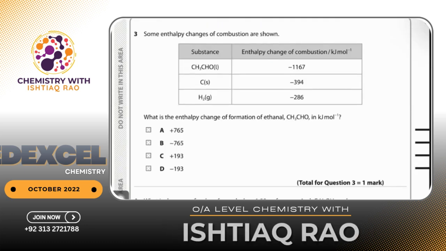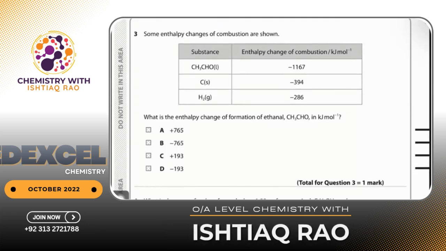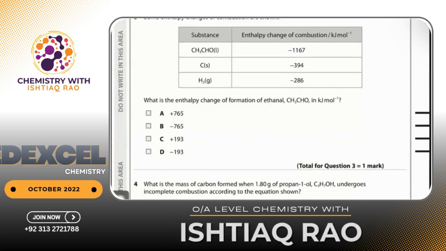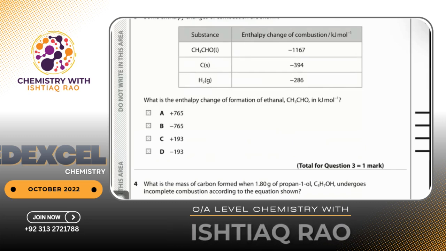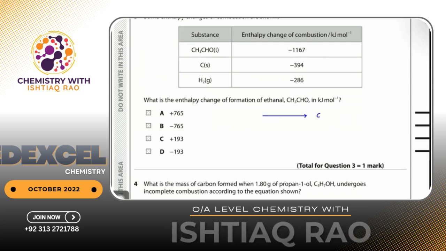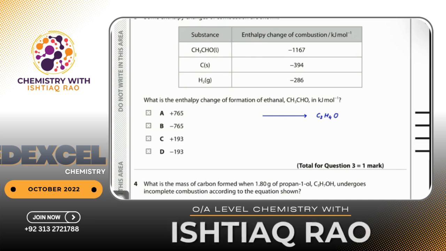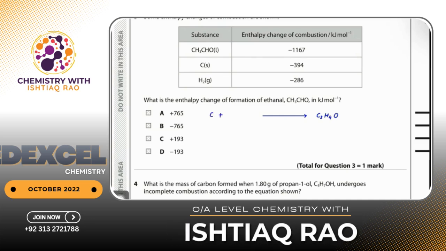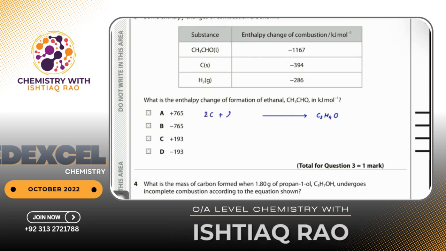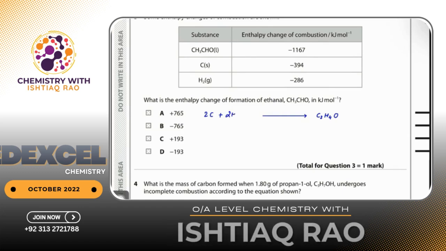What's the enthalpy change of formation of ethanol? The equation is not given. First of all, we have to make an equation. Formation of ethanol means 2C plus 3H2 and half O2, because it's the formation.